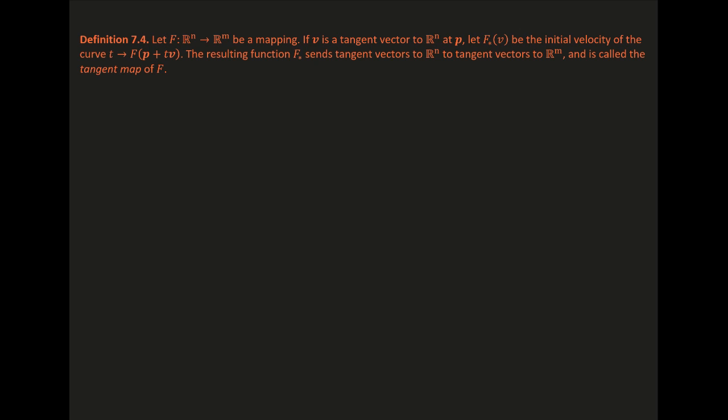So p plus tv is a line, and we're considering f applied to that line, which is a curve. The resulting function f star sends tangent vectors to Rn to tangent vectors to Rm, and we call this the tangent map of f.